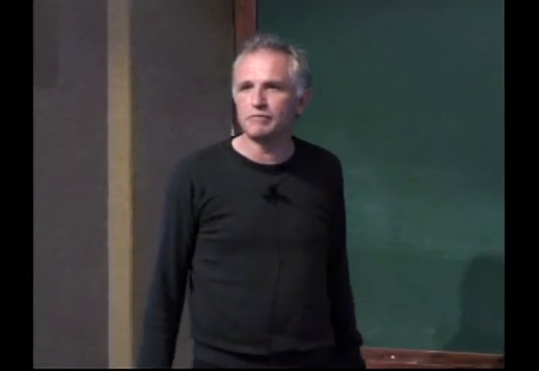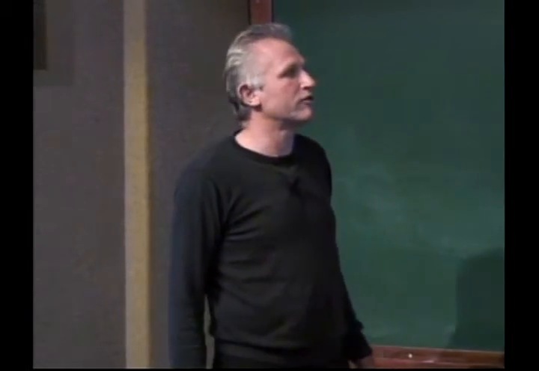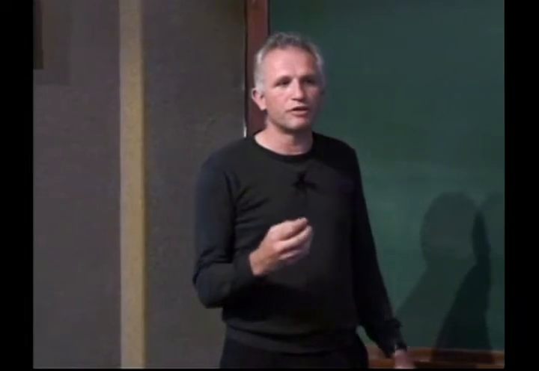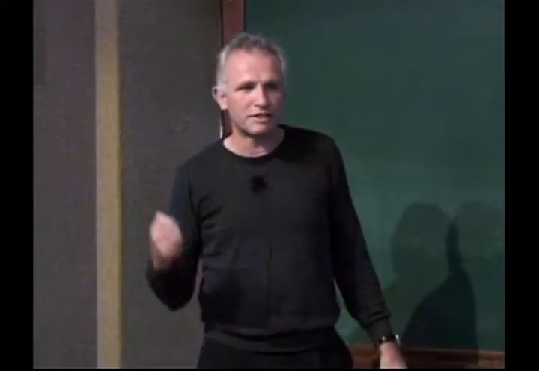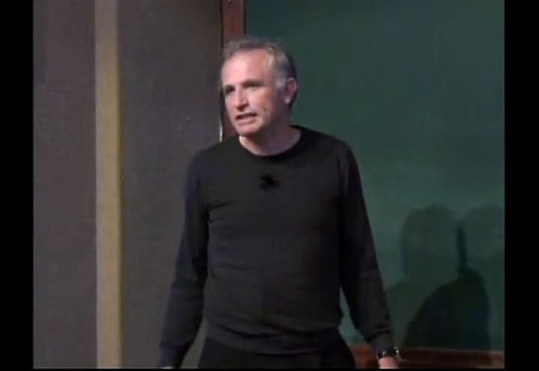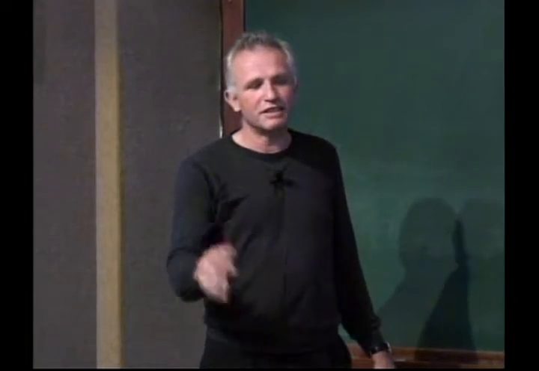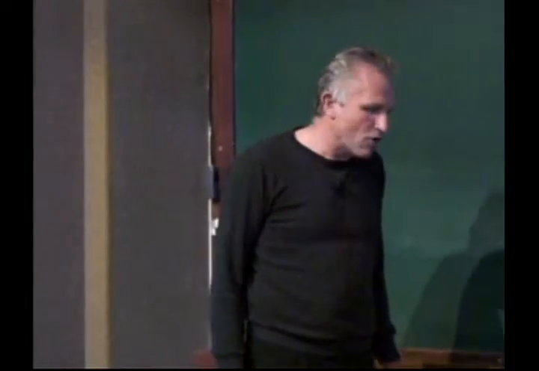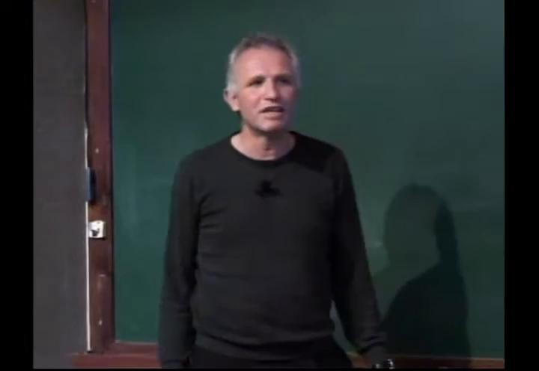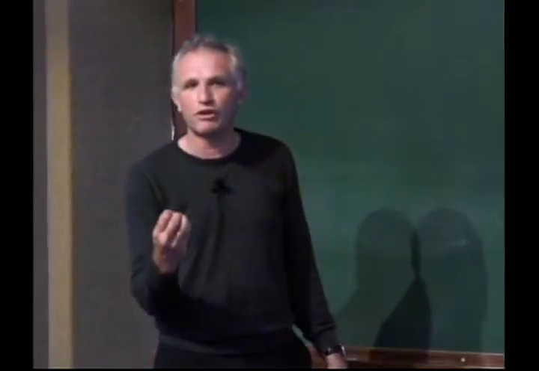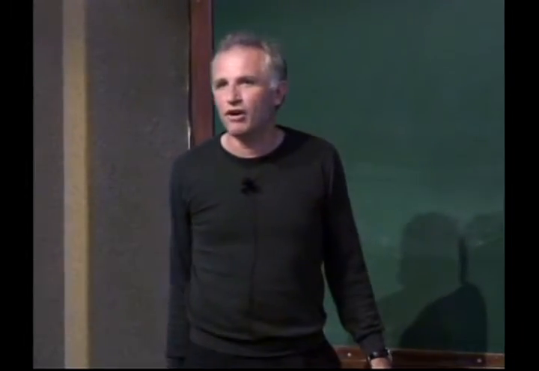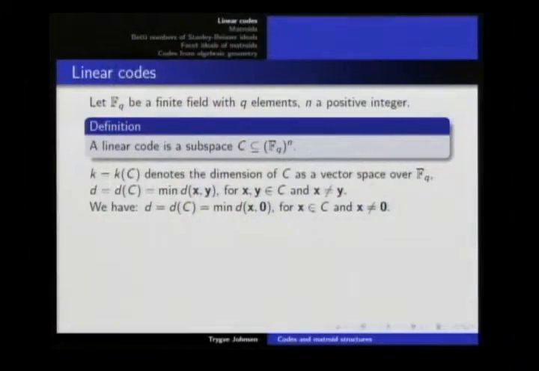That space is used for error correcting codes, because if a small error occurs while transmitting this data, the wrong word that is received might nevertheless be closer to the correct word than it is to any other of the q to the k words that sit inside F_q to the nth.